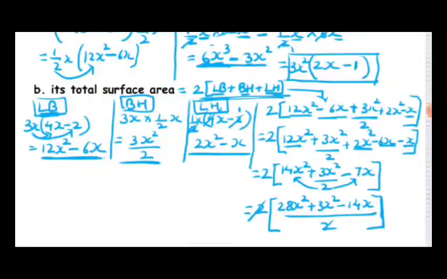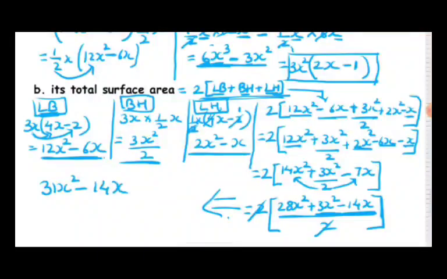This 2 outside and this one can be cancelled out. What's my answer now? Can I just continue on this side, please? Falling short of space. So 28x square and 3x square makes it 31x square. And this I copy as it is, which says minus 14x.